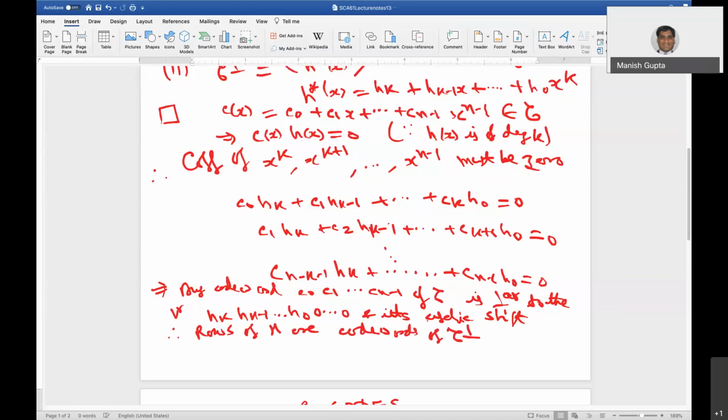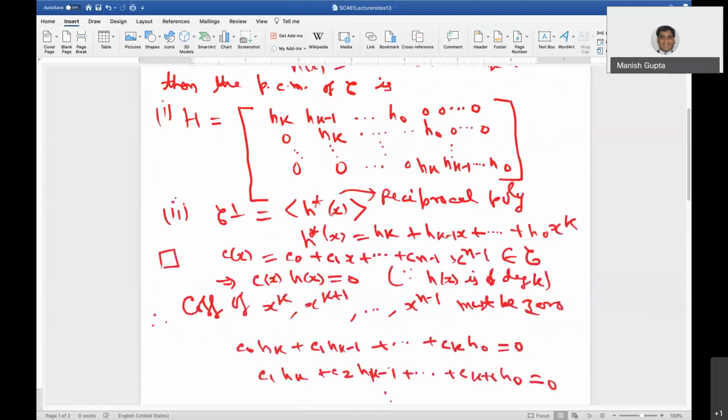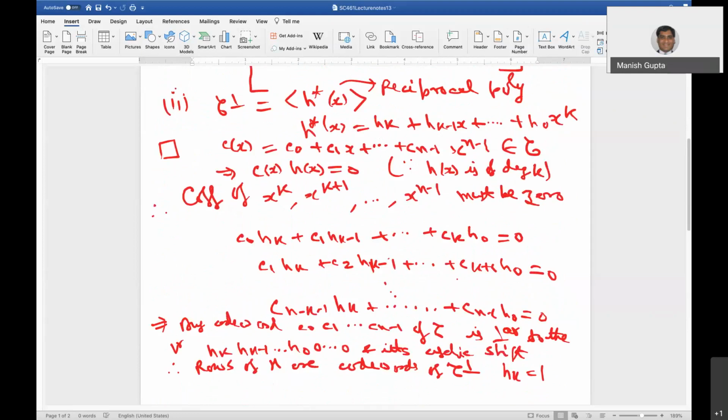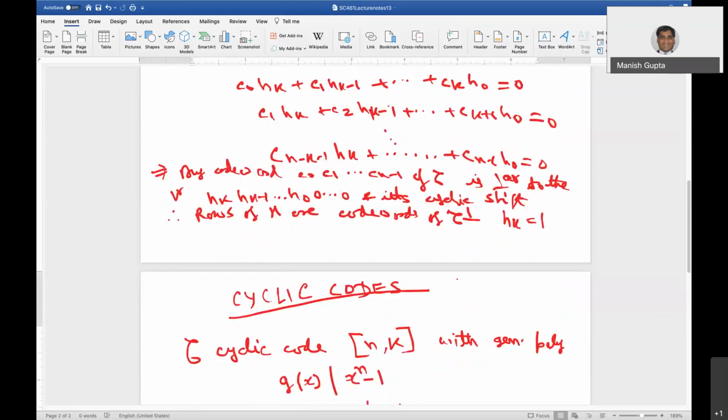Now h(x) is a monic polynomial, therefore hk will be 1, the leading coefficient will be 1. In that case, if you look at the parity check matrix here, hk being 1 means there is a 1 on the diagonal. That means all these rows are linearly independent. So this implies that rows of H are linearly independent.